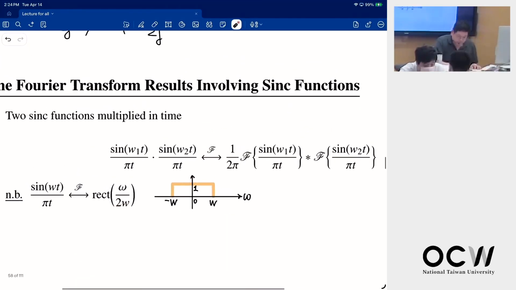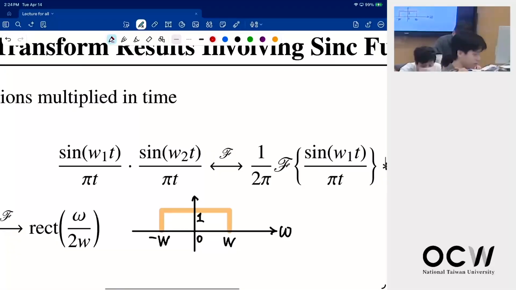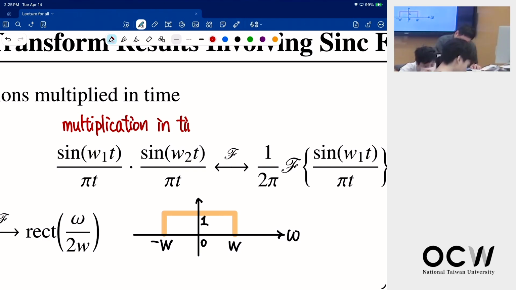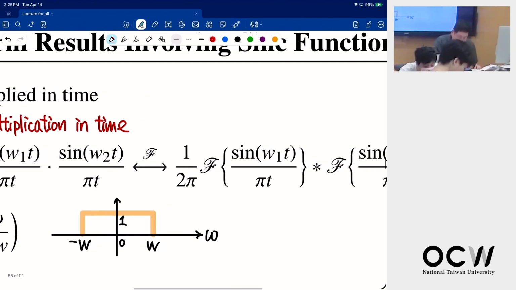So here, multiplication in time. We will get the convolution in frequency.